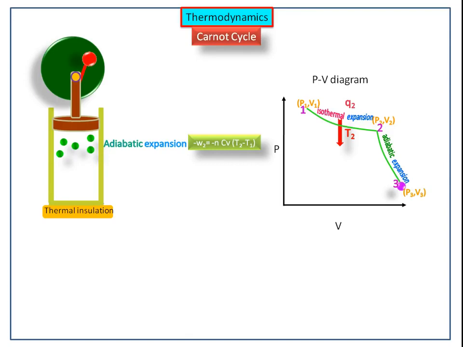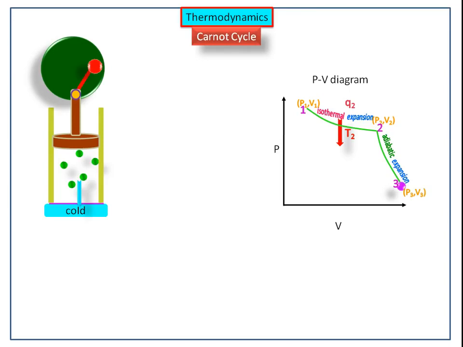For an isothermal and an adiabatic process, we already discussed the work done values in the previous videos. Next, the thermal insulation is removed. Now the piston undergoes an isothermal compression, so heat is rejected from the system.